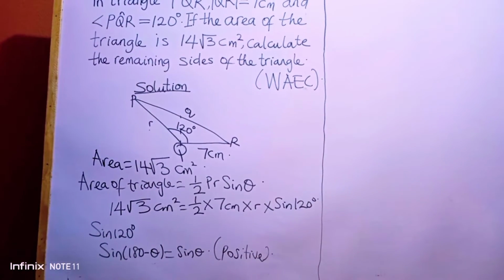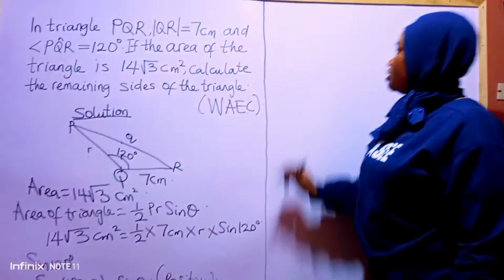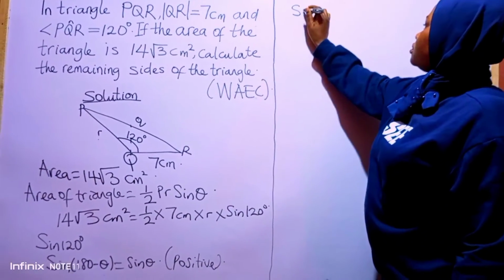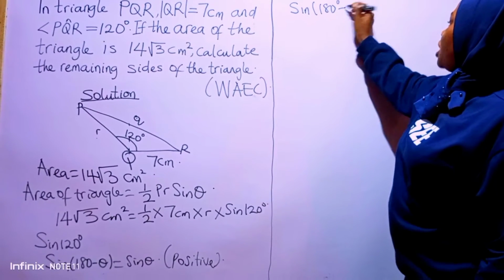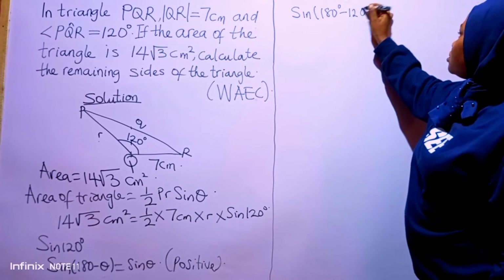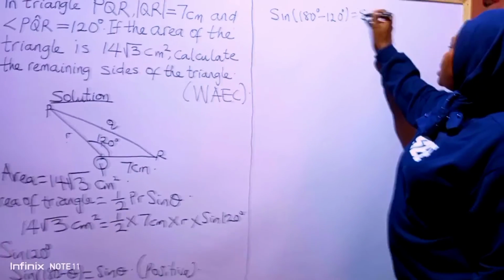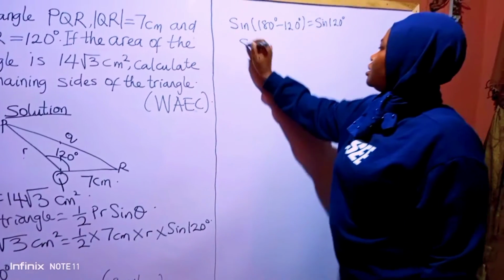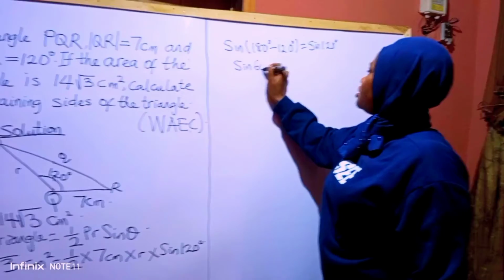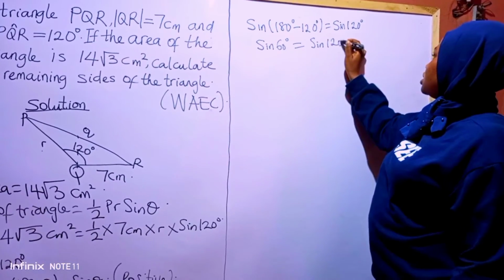Now, having understood that, we say our theta here is 120 degrees. So we say that sine of 180 degrees minus 120 degrees is the same thing as sine 120 degrees. So sine 60 degrees is the same thing as sine 120 degrees.